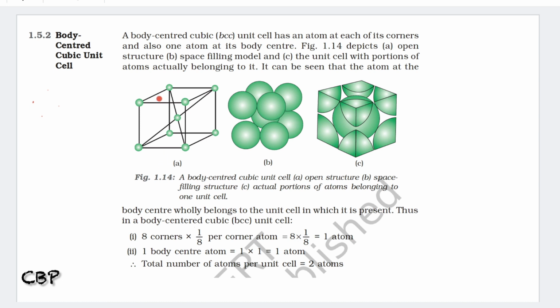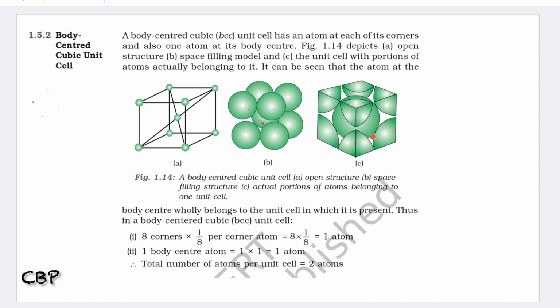Like in part A, these 8 atoms are present at the corners, 1 2 3 4 5 6 7 8, and one is present in the center of the unit cell. And this is the open structure. The second one is the space filling structure, where the atoms are present in a space like 1 2 3 4 5 6 7, and this one is body centered, and below this body centered one the last one is there.